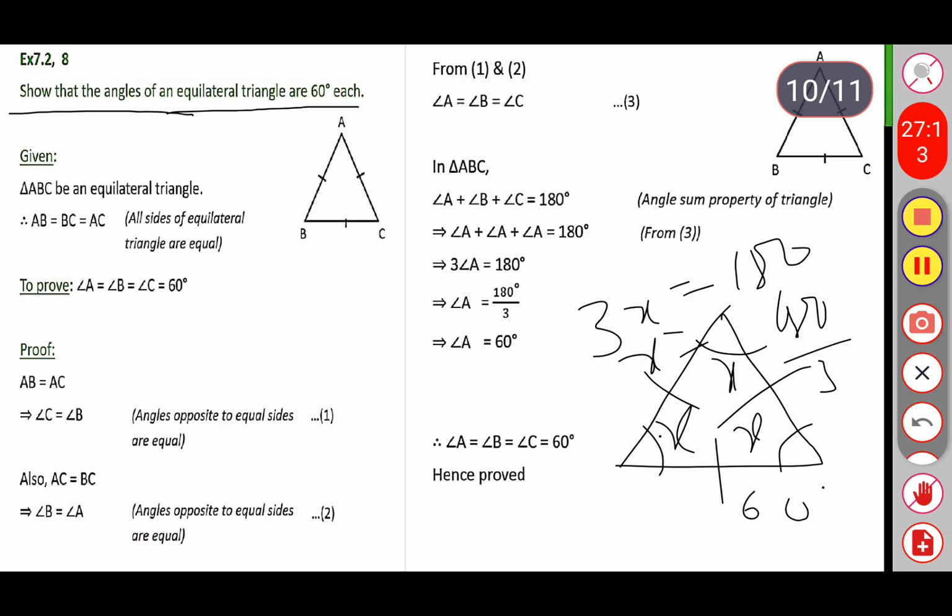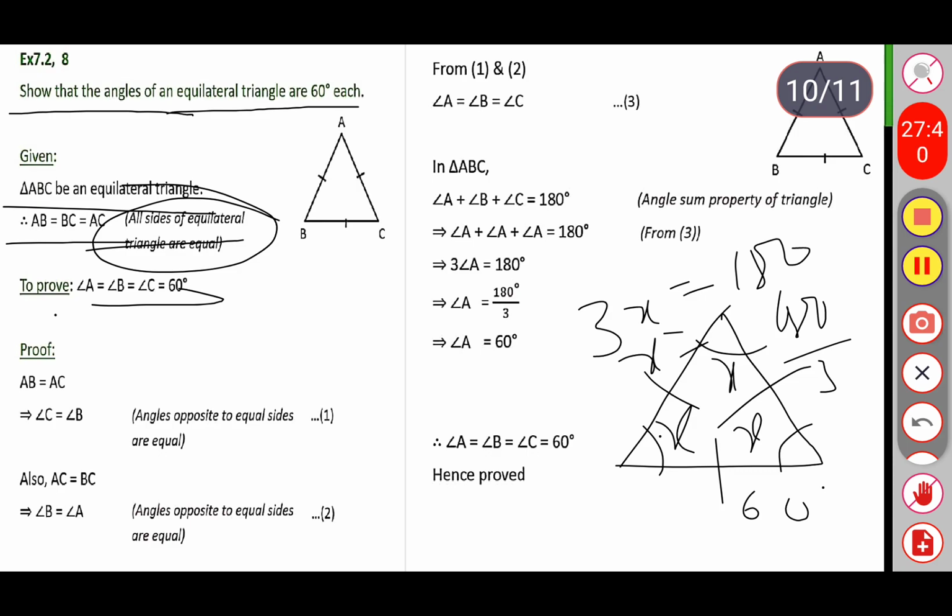This is the proof of the 8th question. Let's see here. What are the given data? ABC is an equilateral triangle in which AB is equal to BC, BC is equal to AC. All three sides are equal in an equilateral triangle. If all three sides are equal, then all three angles are also equal. It means angle A is equal to angle B, which is equal to angle C. Okay, so that is what we need to prove here, each angle is equal to 60 degrees.